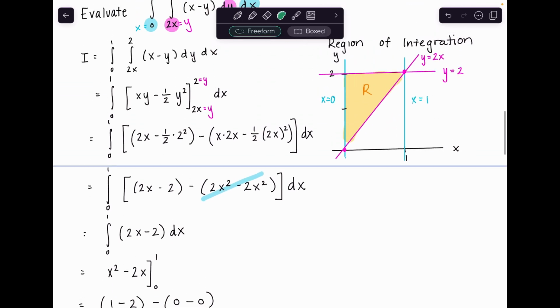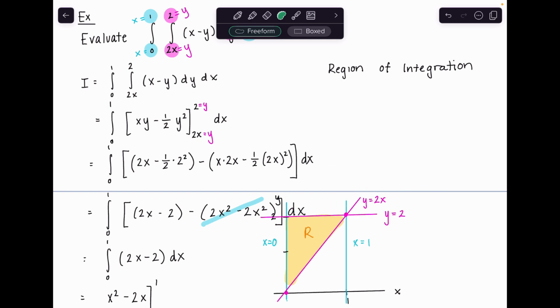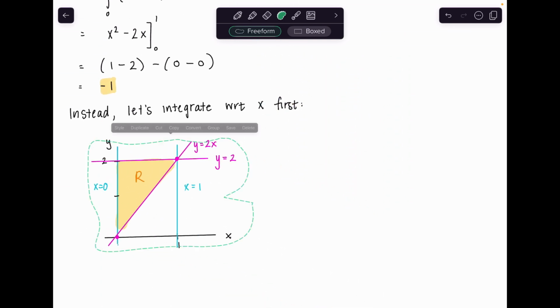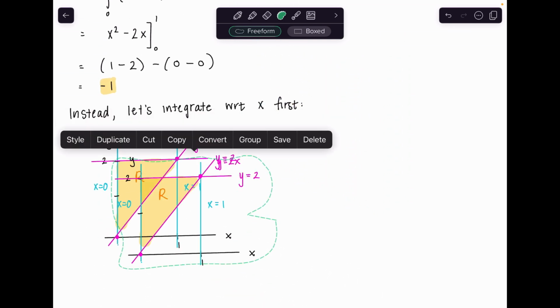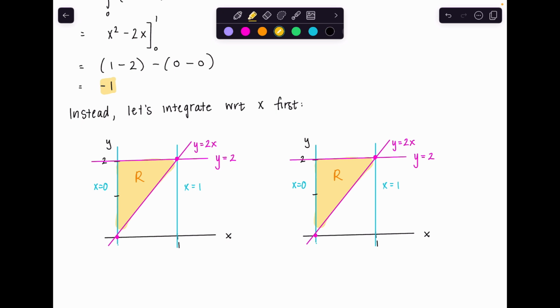So I'm going to go ahead and grab this up here, and I'm going to make a copy of it. Okay. So what happened before is because we were doing dy dx, our x could change anywhere between 0 and 1.